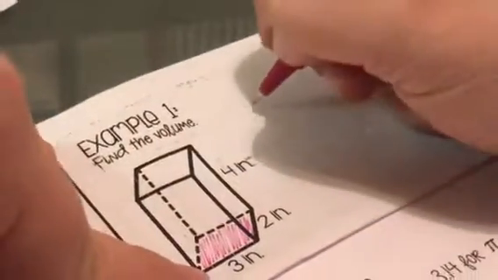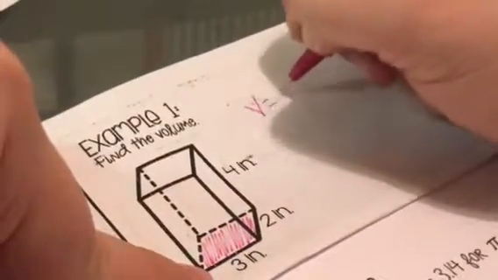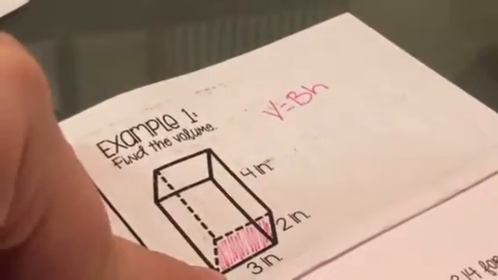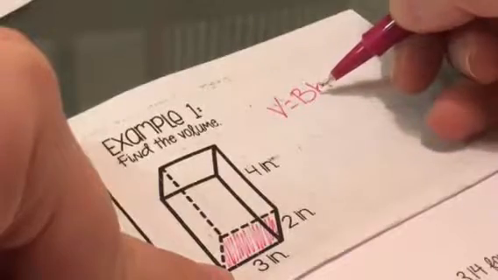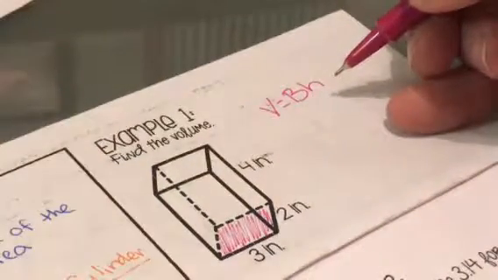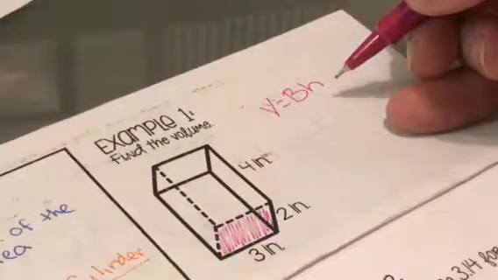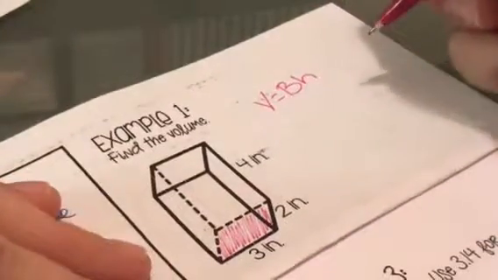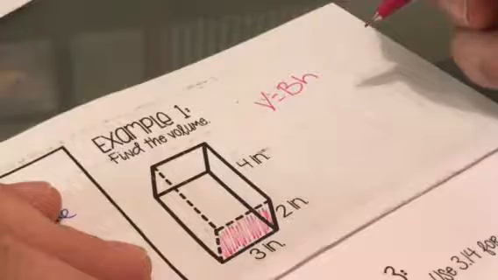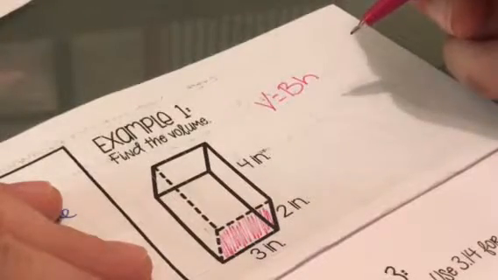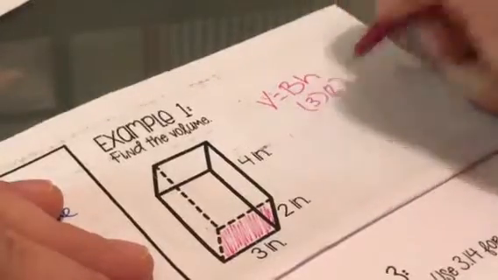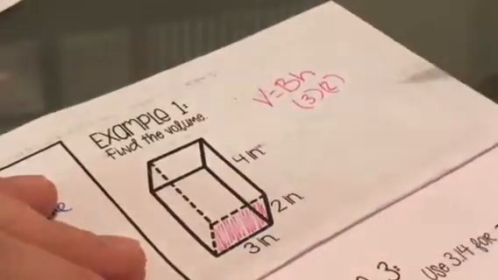So the formula would be, once again, volume equals big B times H. Instead of the big B, we have to figure out the formula for the rectangle base, which is base times height. So that's going to be 3 times 2, which we get from right here.